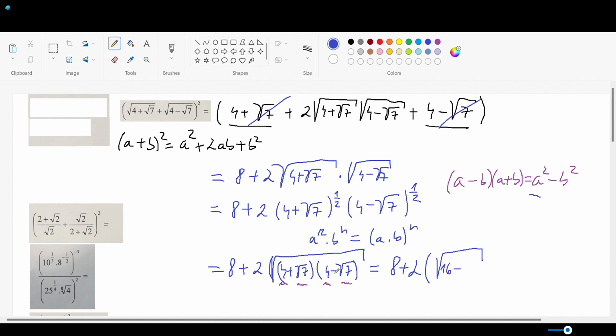Take away square root of 7 times square root of 7 is 7. So it would be 8 plus 2 times square root of 16 take away 7, which is 9, which is really good news. So the result will be 8 plus 2 times, but I'm sorry, here the square root is missing, so let's do it again. Square root of 9, which is 3, then it is 8 plus 6, which is 14. So very nice number.